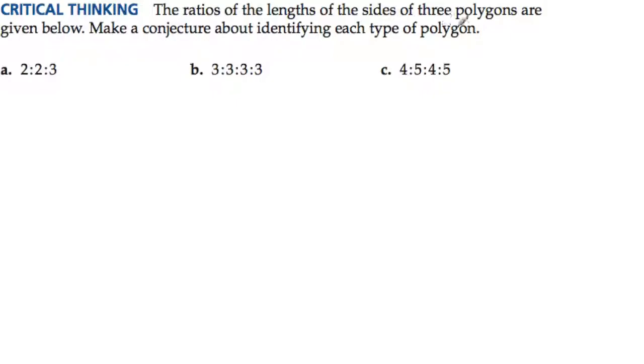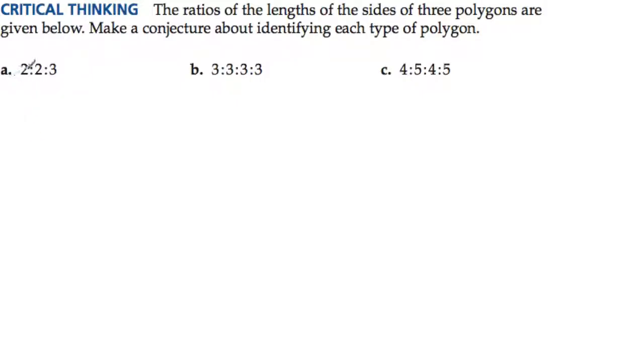All right, the next are ratios of sizes of polygons, getting back to geometry here, and we want to make a conjecture about identifying each type of polygon. So the ratios of the lengths are 2 to 2 to 3. These are 3 sides, right?